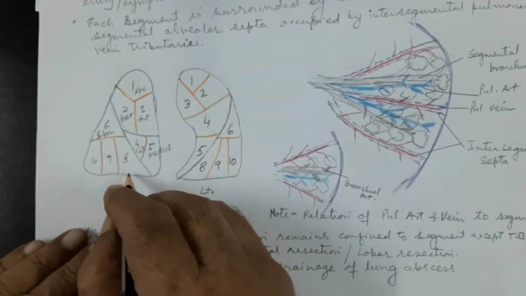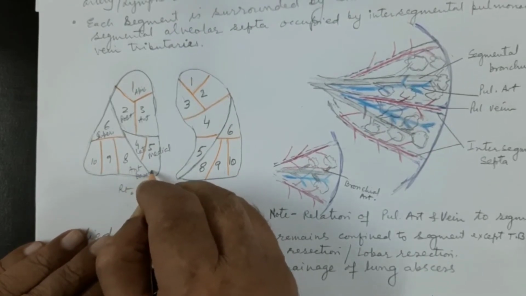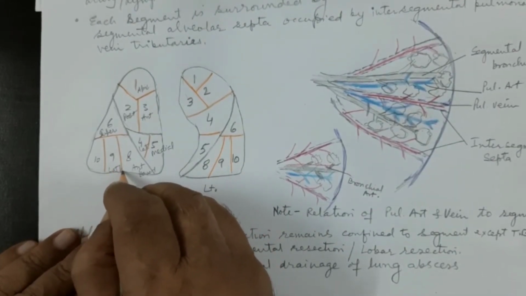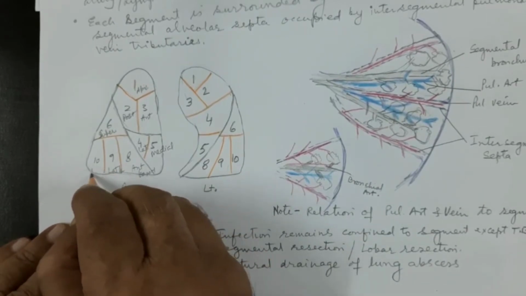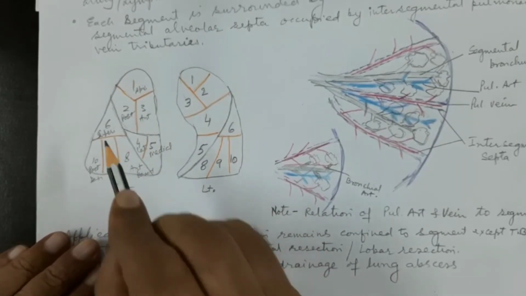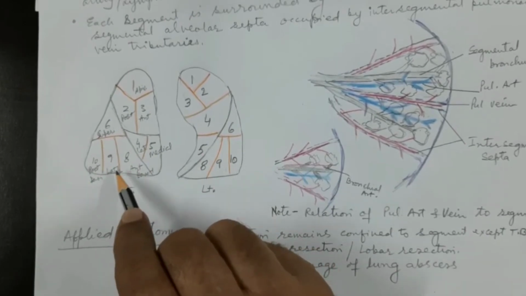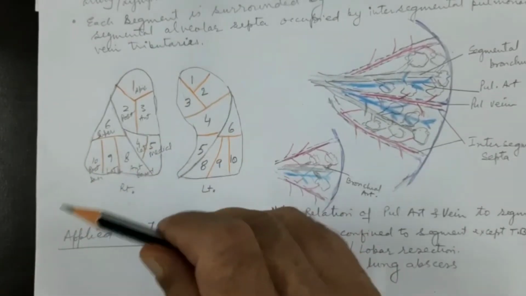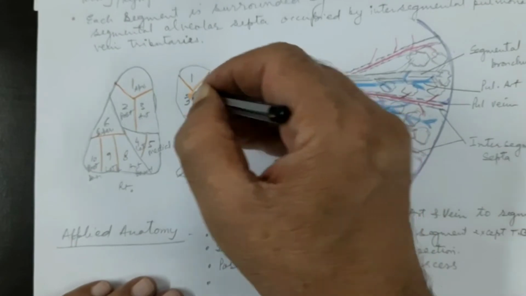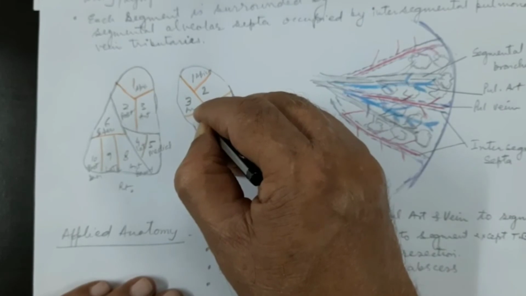Then you call the 8th the anterior basal, 9th the lateral basal, 10th the posterior basal, and then one is remaining, that is 7th, and that will be the medial basal, medial because it is more towards the root of the lung, which cannot be shown in this diagram.